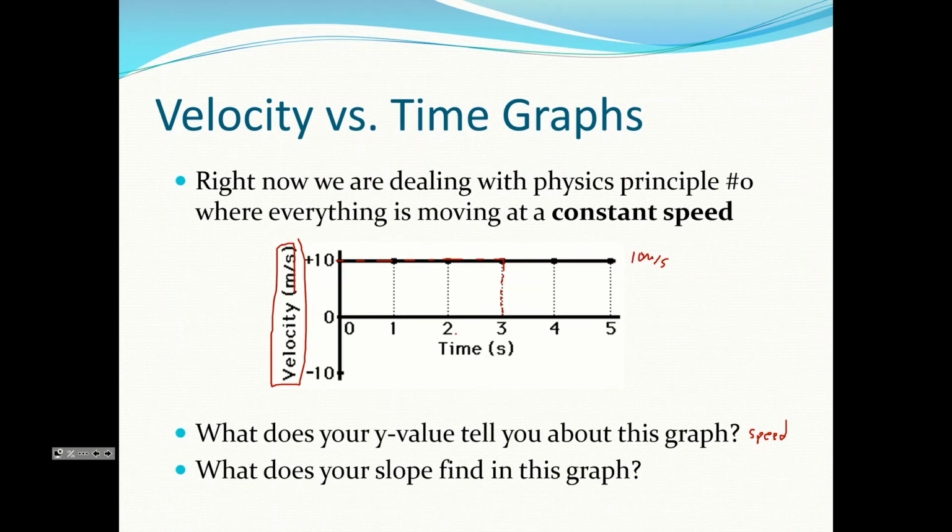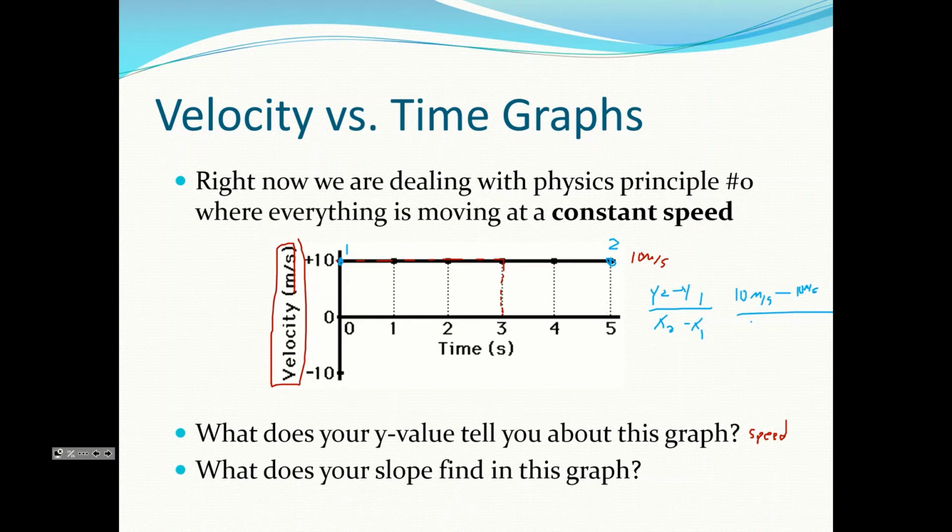Well, what does the slope tell us about this? Well, if I choose 2 points, let's choose this point here as point number 2, and this point here is point number 1. I think you'll know what my slope is, but let's just play around with it and see what it looks like. So y2 is 10 meters per second. y1 is 10 meters per second.